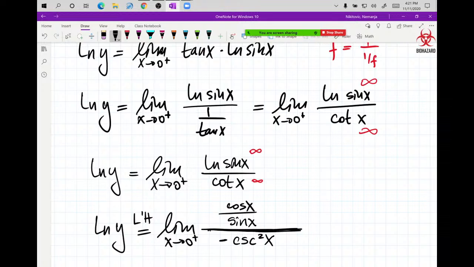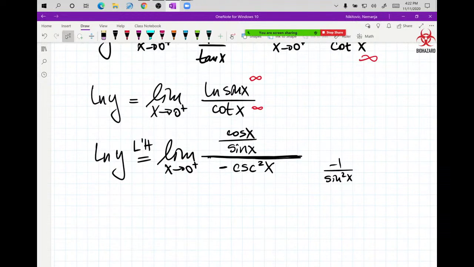Now, there are a few ways in which you can massage this trig here. I would turn this cosecant into -1 over sine squared x. That's the way that I want to go about it, because I think it's the easiest way to see this.